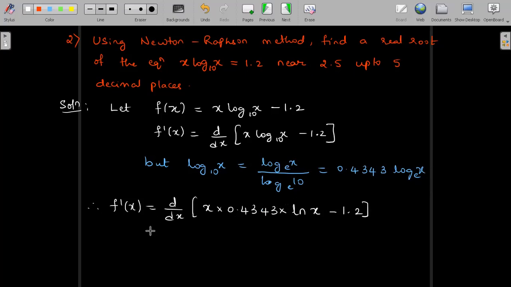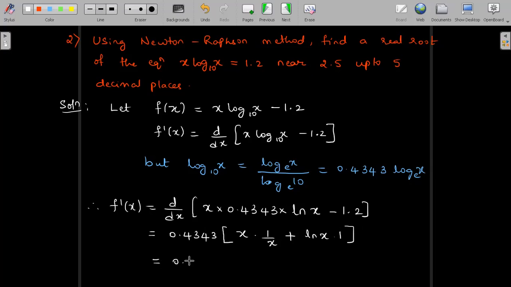So this gives us 0.4343, which I can retain outside, common for both the terms, multiplied by x into the differentiation of ln x, which is 1 divided by x, plus ln x as it is into the differentiation of x, which is 1. And the differentiation of a constant, minus 1.2, is 0.